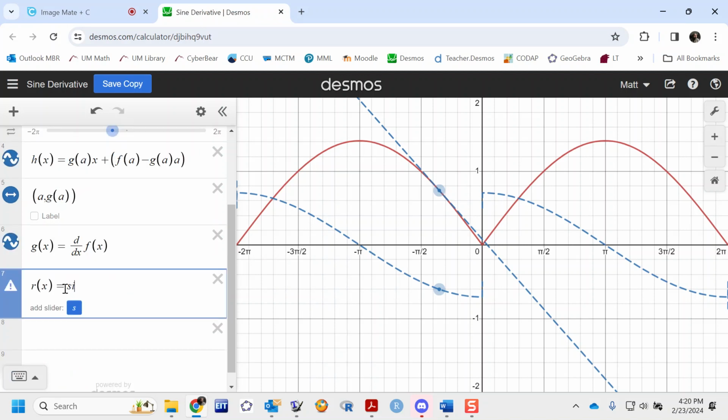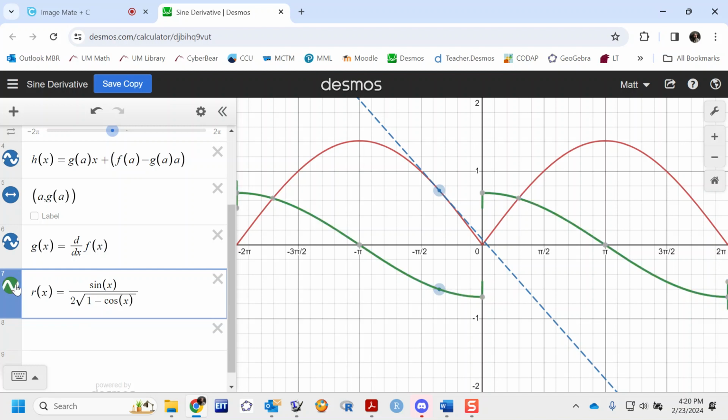So it'll be sine x on top, divided by 2 times the square root of 1 minus cos of x, and drum roll please, boom, we got it.